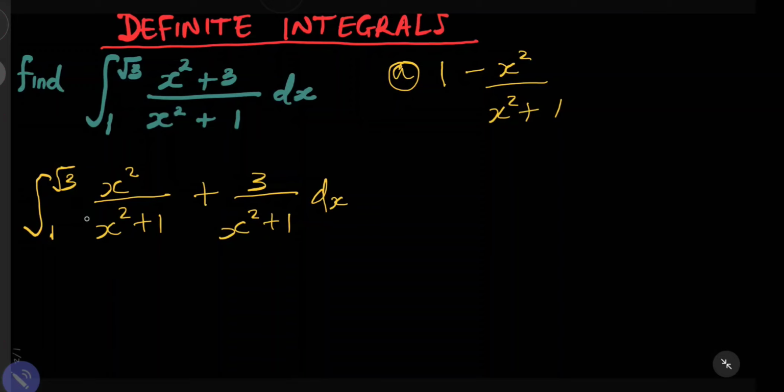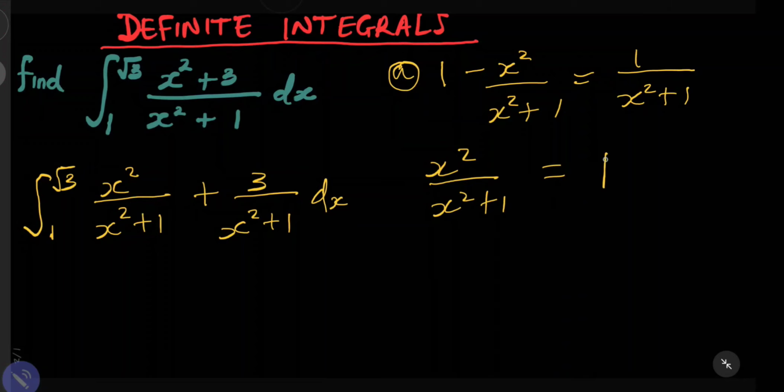So if we say 1 minus this expression, we would have 1 over x squared plus 1, and this means that x squared over x squared plus 1 is equal to 1 minus 1 over x squared plus 1. I just hope this is clear enough.